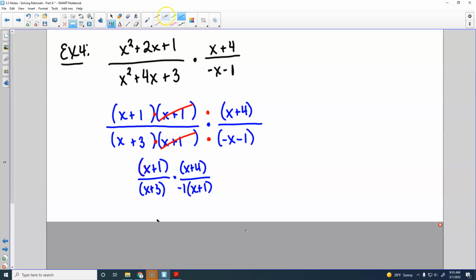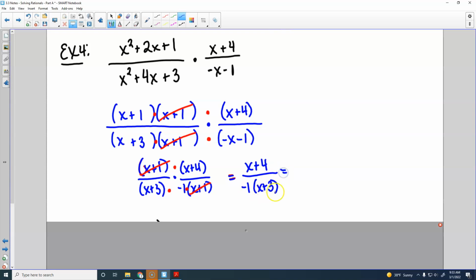And so this is still all multiplied, right? X plus 3 times negative 1 times x plus 1. So we can actually cancel those x plus 1s also. And it is going to give us x plus 4 over negative 1 times x plus 3.